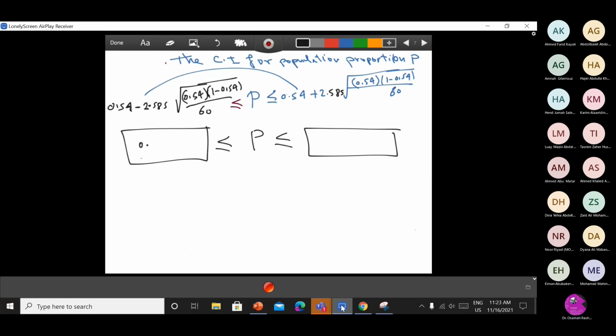Okay. Doctor, for the right, 0.373. 0.373. And the other side?